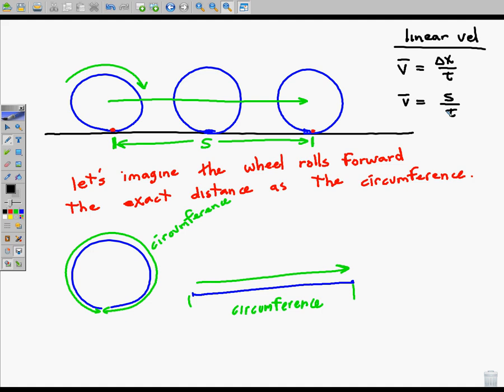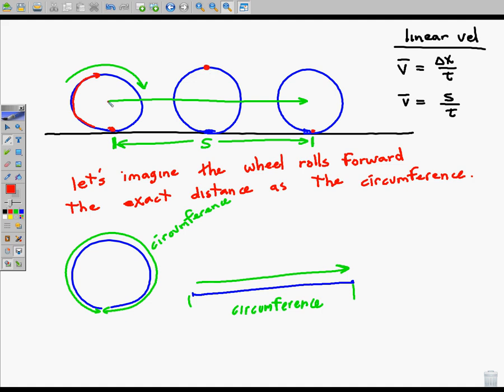But meanwhile, this particular point on the outside, it started here, but when that tire rolled forward one circumference, what did it end up doing? It ended up going all the way around, and when the tire has gone halfway, where would that particular point be? At the top right there.